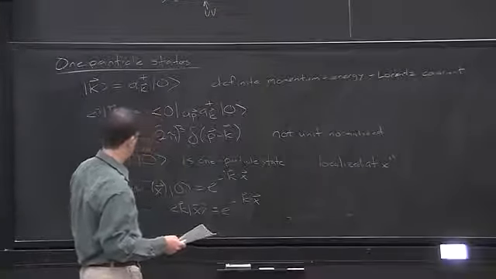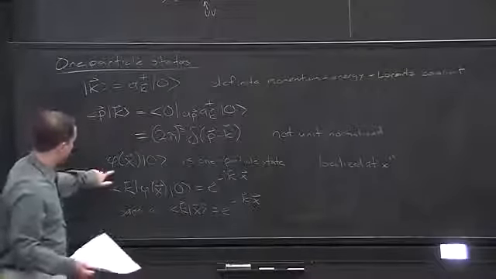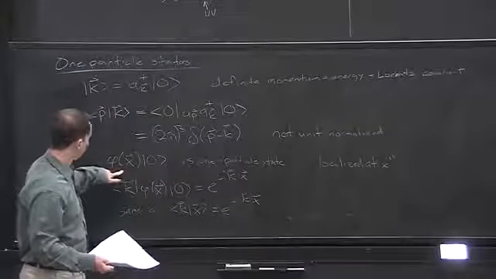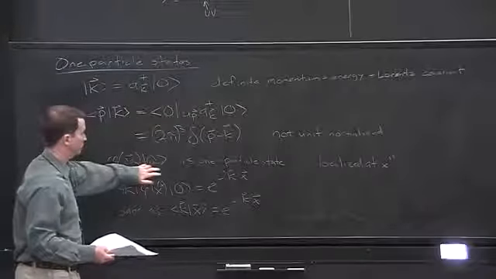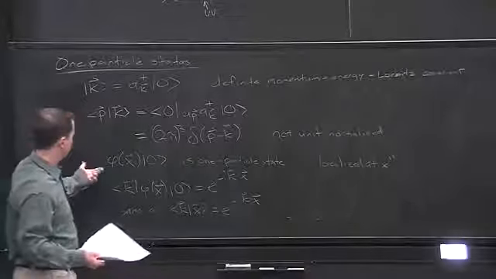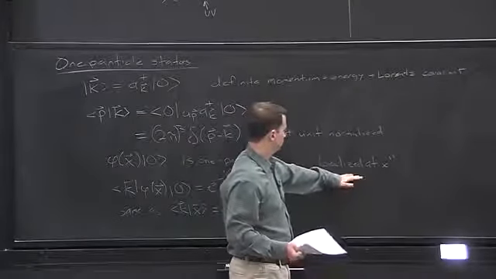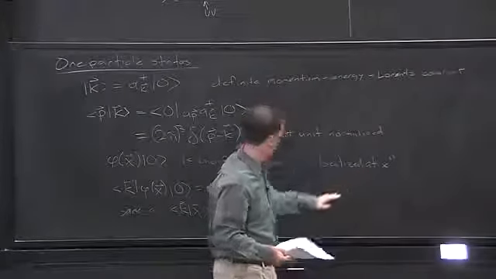So in that sense, you can think of it as a single particle localized at x, and that'll be a useful interpretation, even though it's not so straightforward to make this precise.